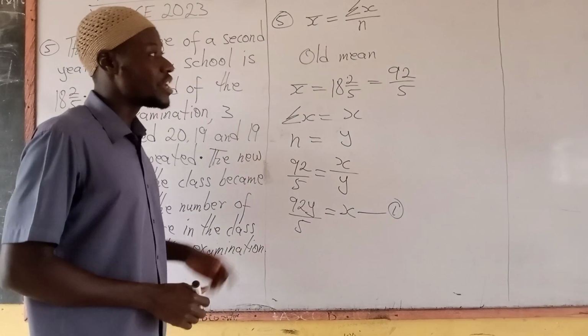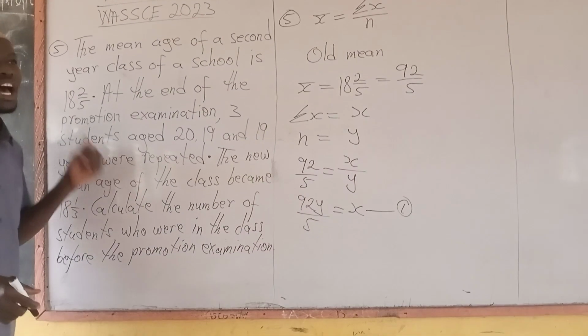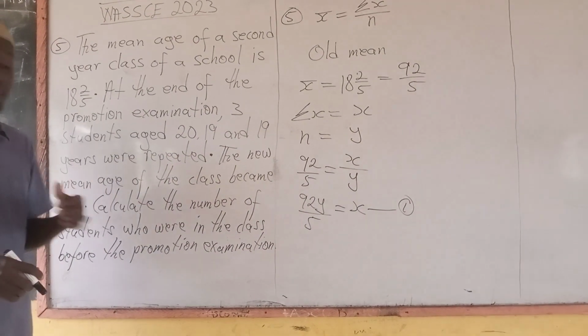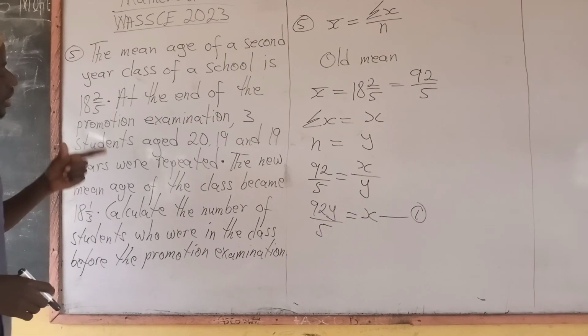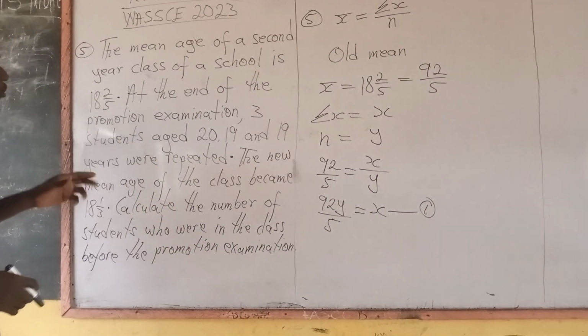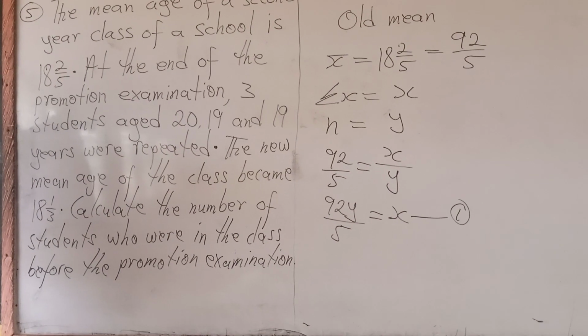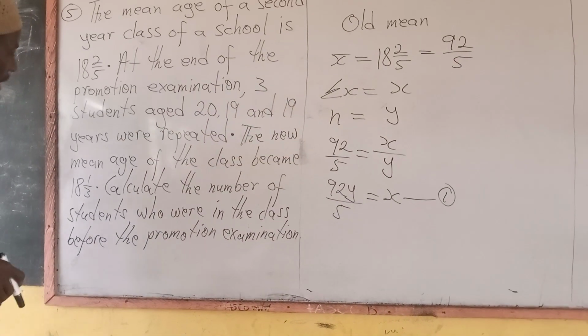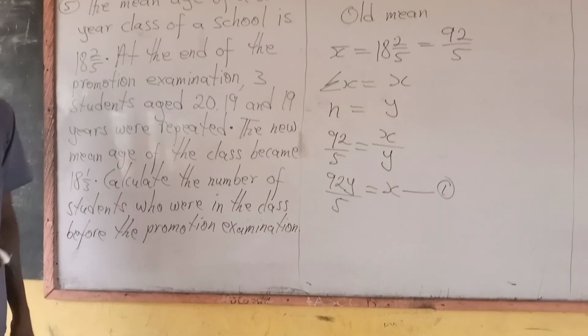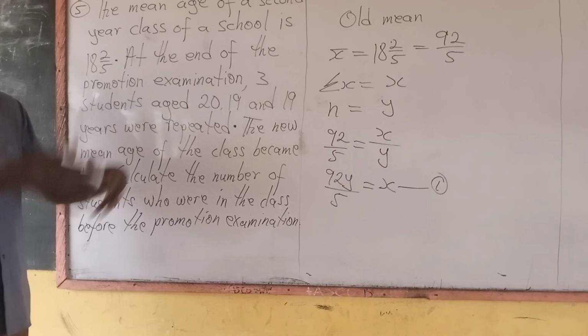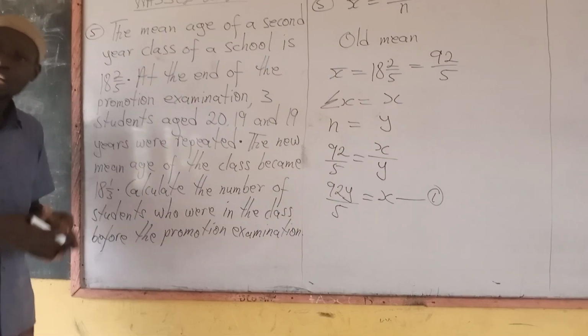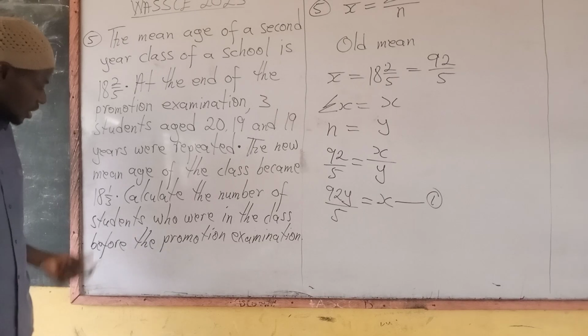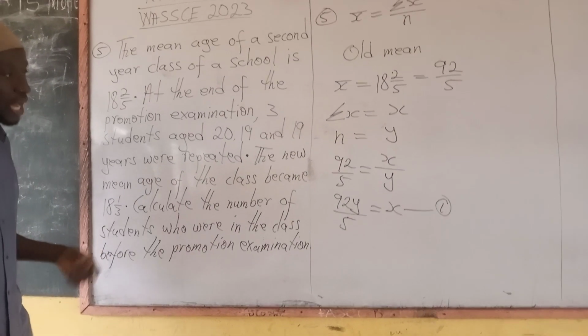After this, we now consider the new mean, that is after the promotion exams is conducted. After the promotion exam is conducted, we are told that 3 students were repeated, and the ages of the students are 20, 19, and 19. And the mean age for the new class, that is the class after this promotion exam was conducted, is 18 whole number 1 out of 3.